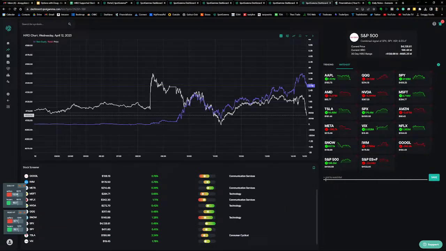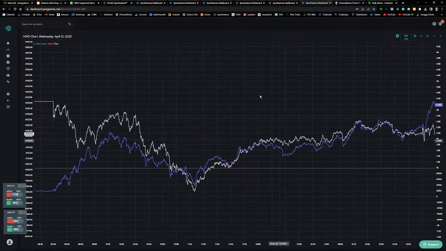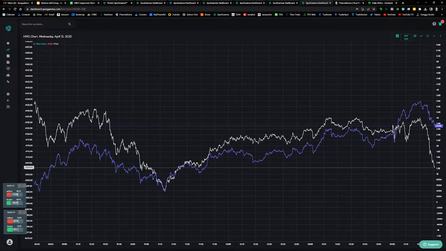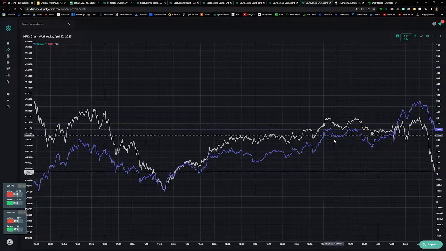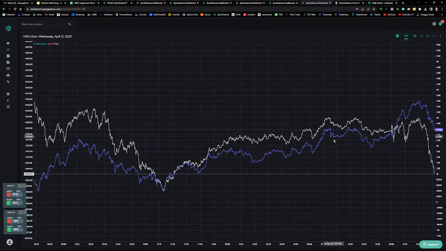So I'm going to look at the total signal. Zoom in on this. All right, so the hedge wall, first of all, for single stocks, SpotGamma makes a different assumption than they do for indices. So for the SPX, SPY, QQQ, the NASDAQ, and the S&P 500, SpotGamma assumes that traders are long puts and market makers are short puts. They assume that traders are short calls and market makers are long calls.